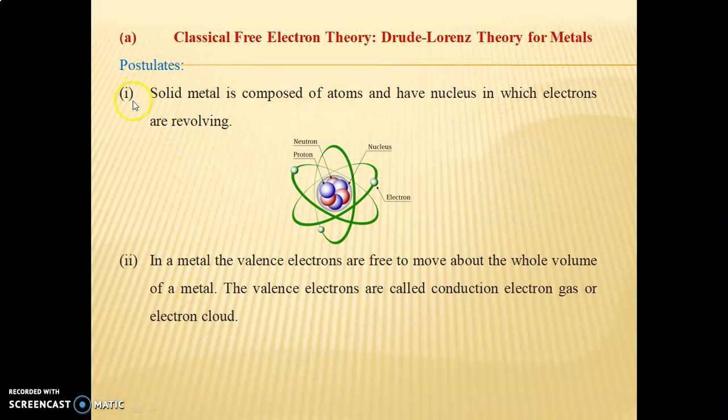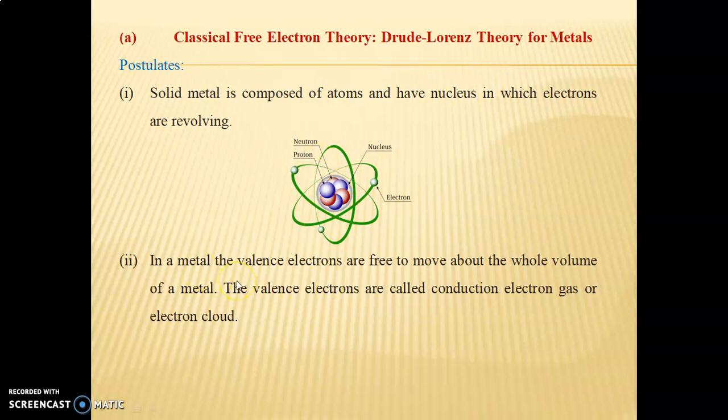Postulate number 1: metal consists of atoms, atoms having nucleus and electrons revolving around the nucleus.